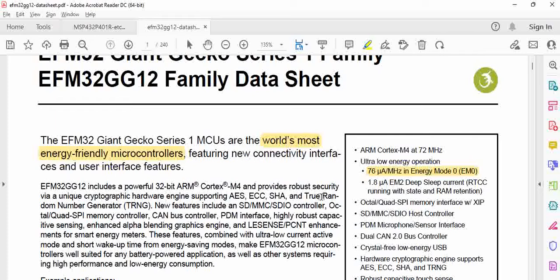In this segment, the Silicon Labs EFM32 controller competes with the Texas Instruments microcontrollers and the ultra low power XLP devices from Microchip. You can go through those and compare, but EFM32GG12 is definitely one of the best in this segment.